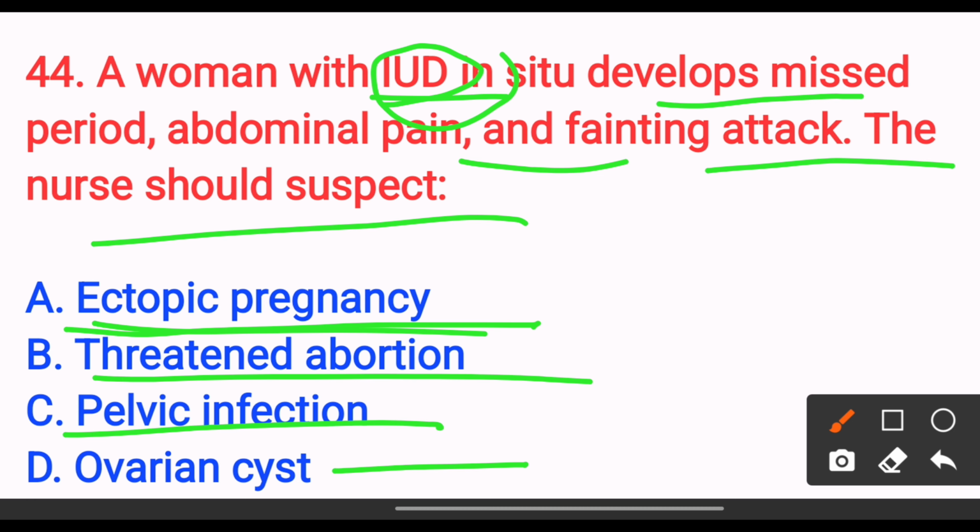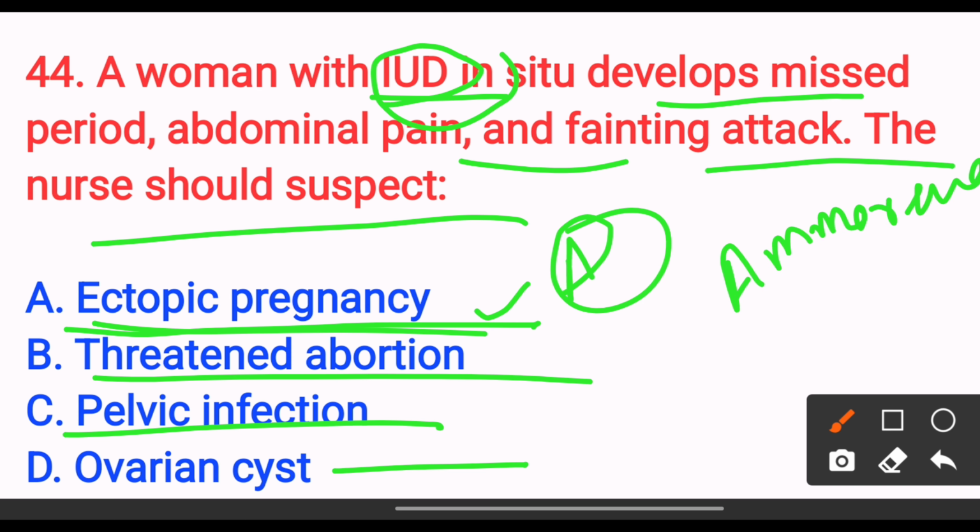The answer is option A, ectopic pregnancy, because IUD users have higher risk of ectopic pregnancy. The classical signs are amenorrhea, pain and fainting. So the answer is option A.